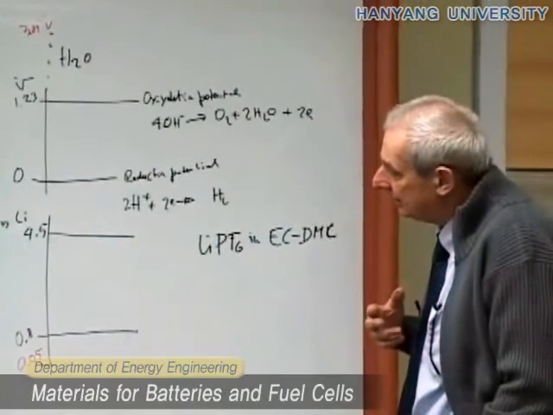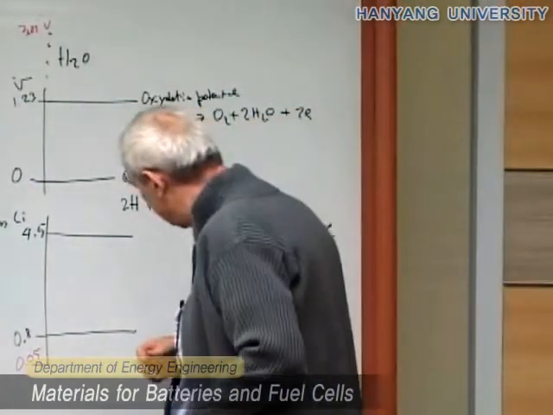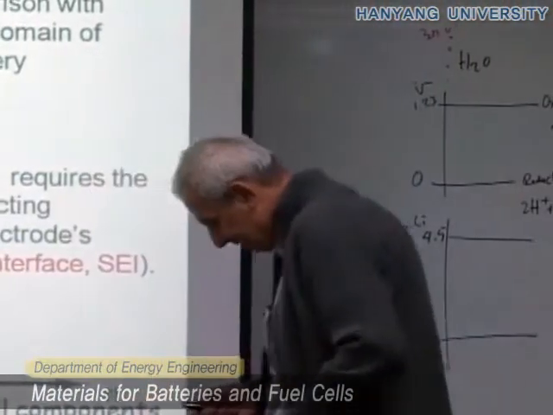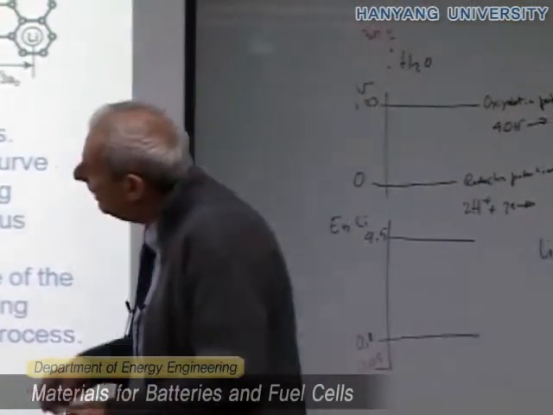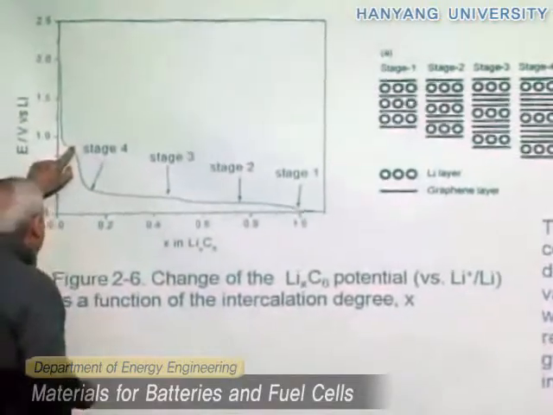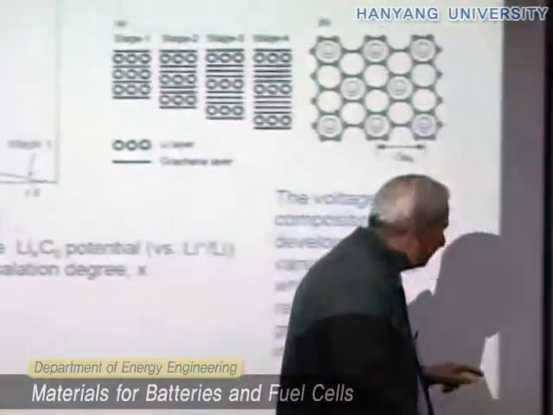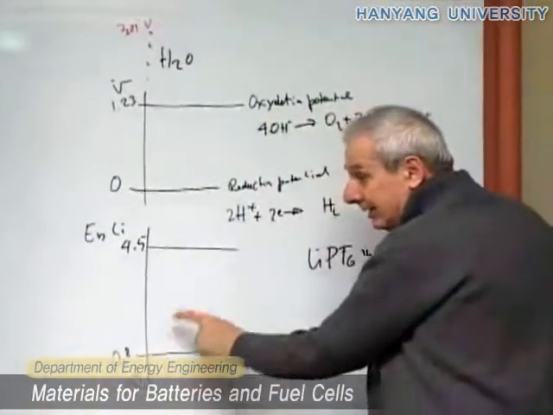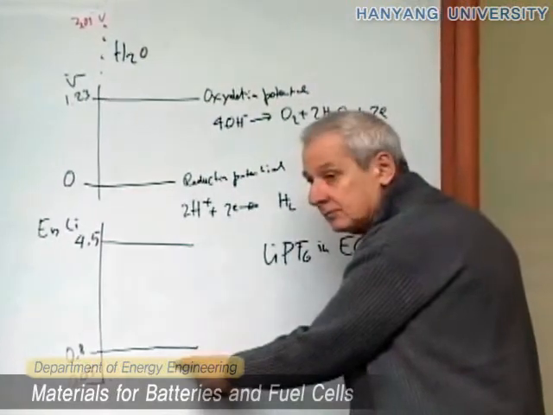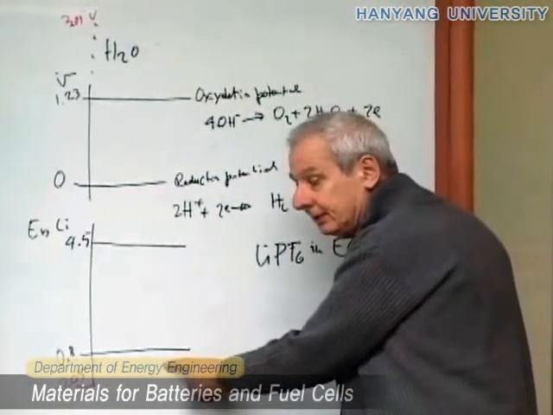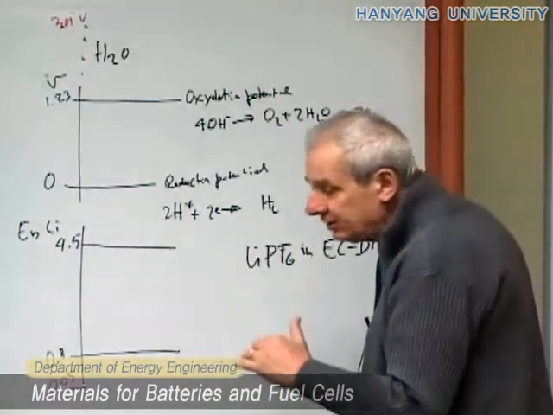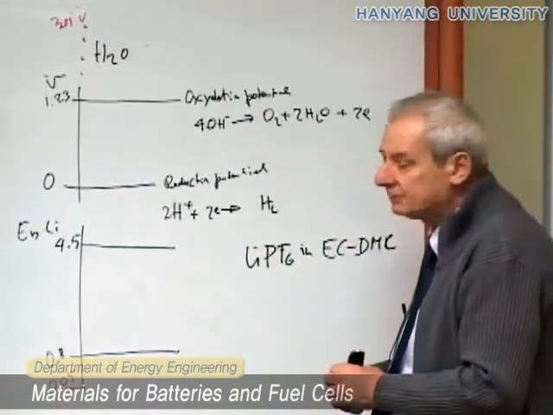What does that mean? You see, as we saw before, what will happen? When the potential of the cell reaches 0.8, namely this value, the electrolyte decomposes because it's below the stability limit. And by decomposing, however, it forms a film which deposits on the surface of the graphite electrode.